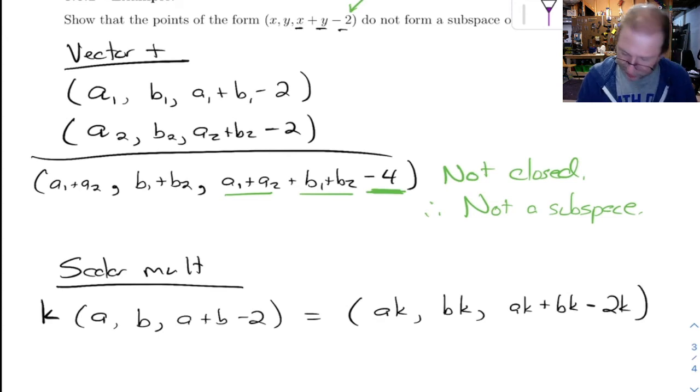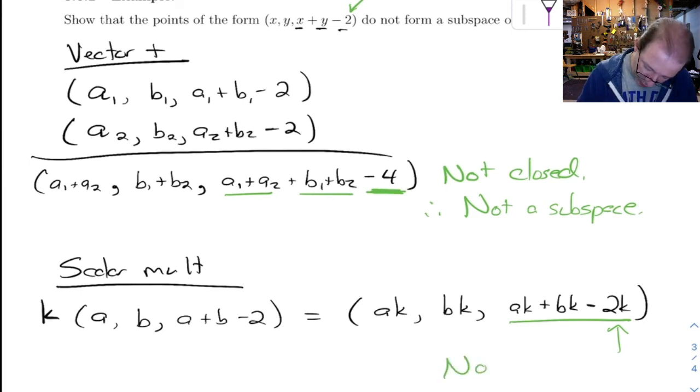So we have to look and see, is that equal to the first plus the second minus 2? No, it's the first plus the second minus 2K. So this is not closed under scalar multiplication, and that's enough also to say this is not a subspace.